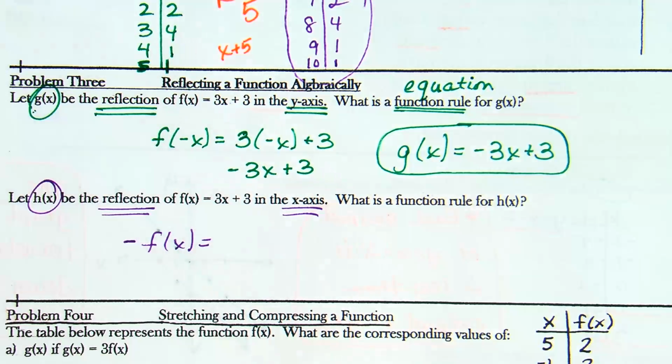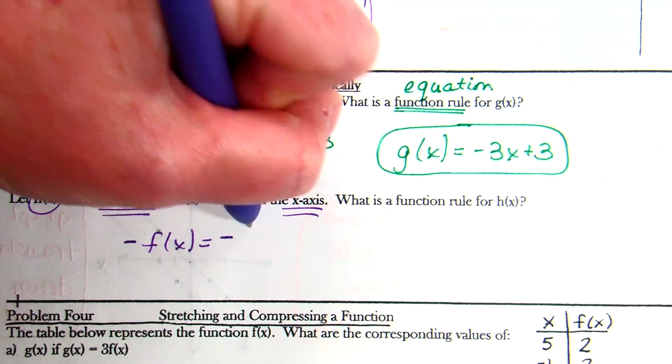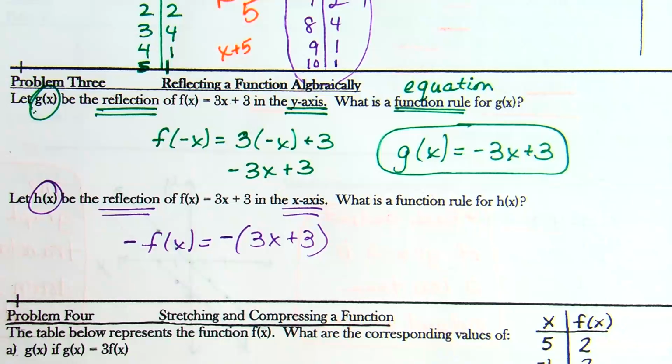So I'm going to take negative and distribute it to both 3x plus 3. Or, if I'm multiplying by negative, what's going to happen to every sign? It's going to flip, right? It's going to change. So positives become negatives. Negatives become positives. So positive 3x becomes negative 3x, plus 3 becomes minus 3.